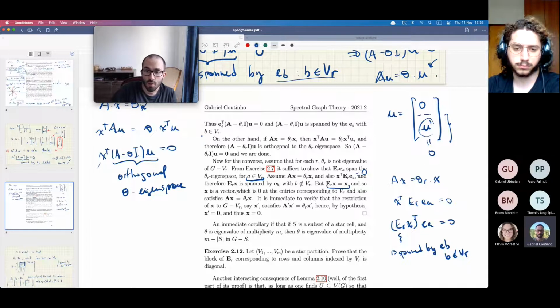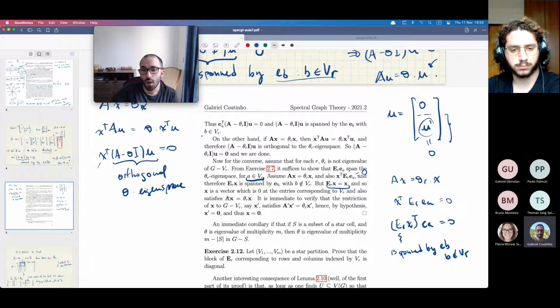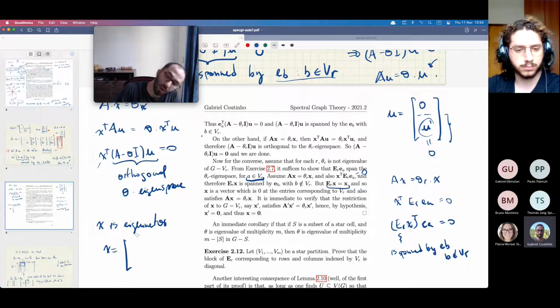And so X is a vector which is 0 at the entries corresponding to VR and also satisfies this equation. Therefore, X is of the form, so X is an eigenvector, and X is of the form a bunch of zeros in VR, and here I have X prime.